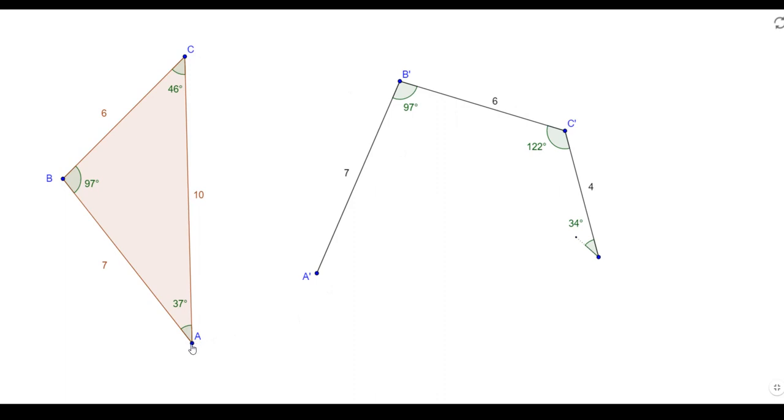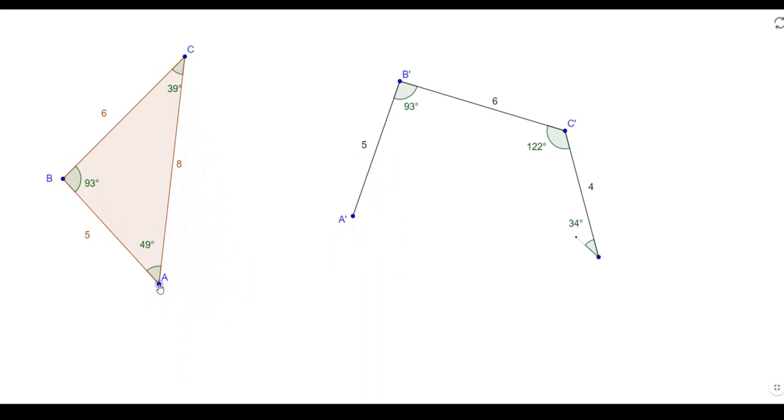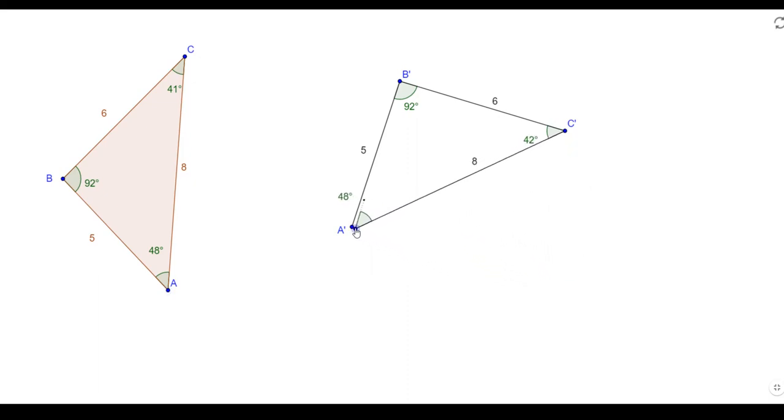Even if I take this point A and stretch it around, you'll see that the other figure moves to maintain that copy. So I'm just going to leave this right here. Again, we have side, angle, side copied right here.